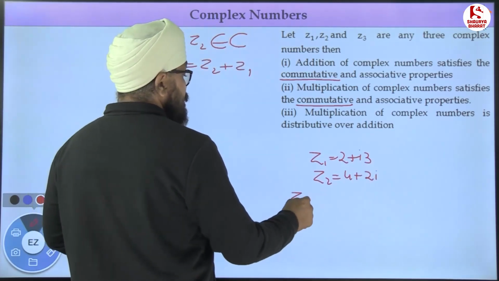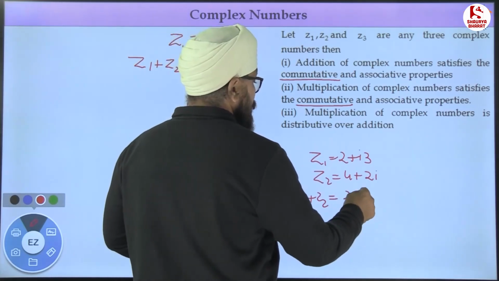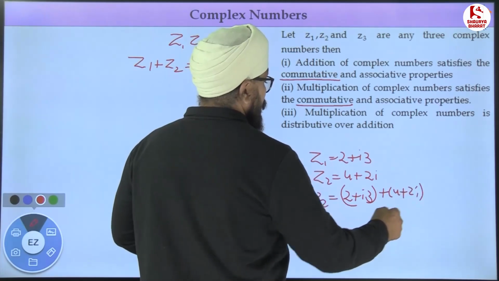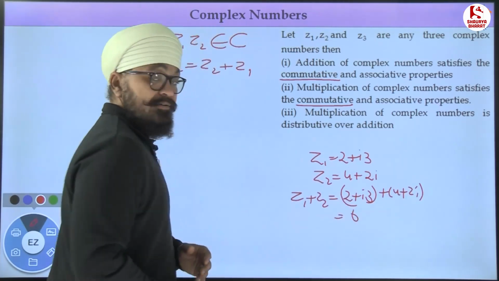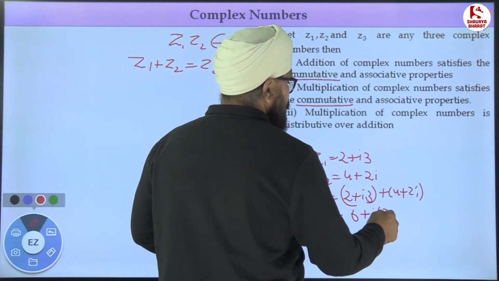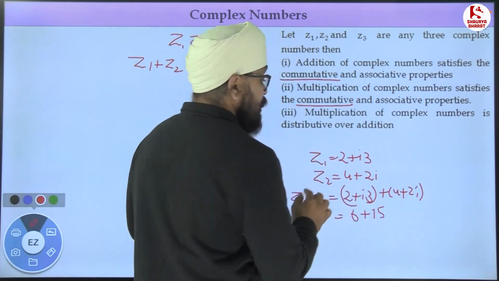So, when you add Z1 and Z2, I am going to write 2 plus iota 3 added with 4 plus 2 iota. That will give you 2 and 4, which means 6, and when I take the imaginary terms, iota, it is 3 plus 2, so I am writing it directly, this is iota 5.